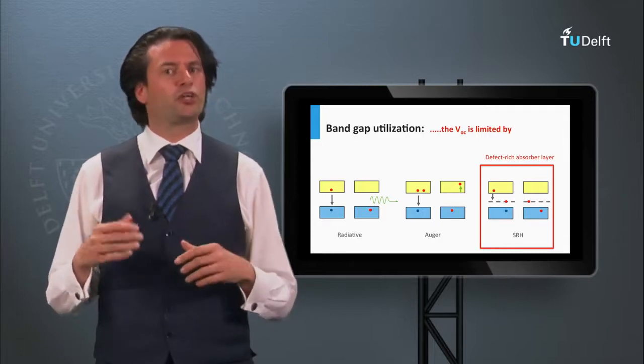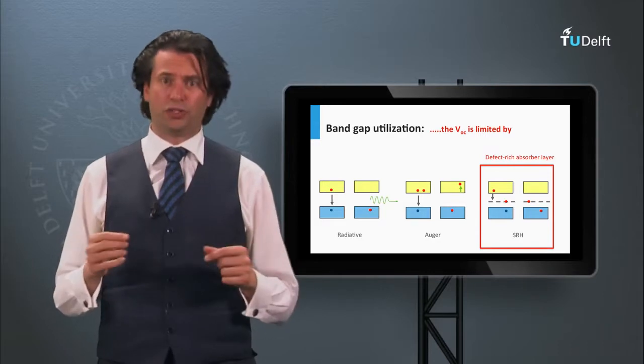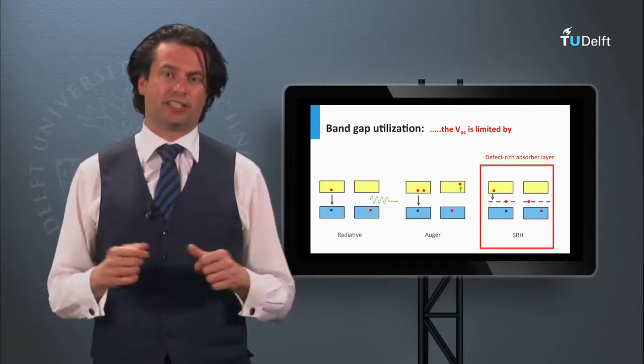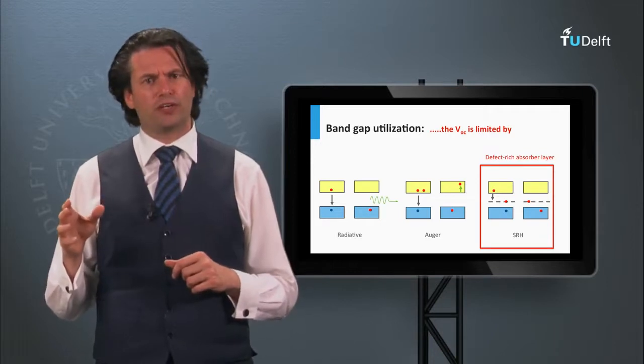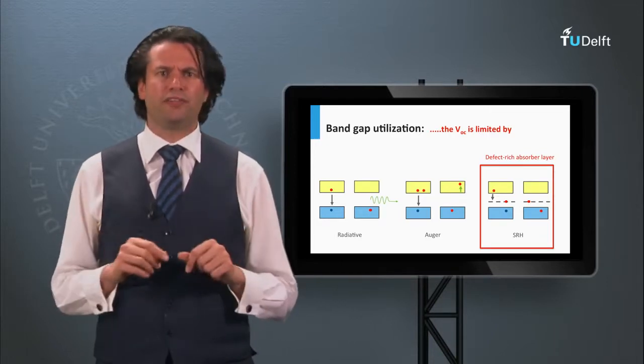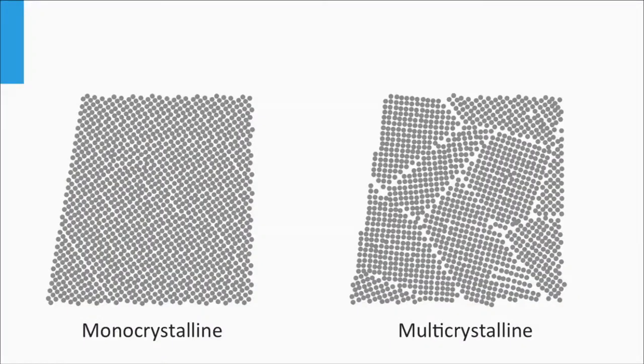If we consider Shockley-Read-Hall, the recombination of charge carriers is related to the electrons trapped at defect states. In view of defects in the bulk of silicon, we can make a general difference between two types of silicon wafers: monocrystalline silicon and multicrystalline silicon, also called polycrystalline silicon.